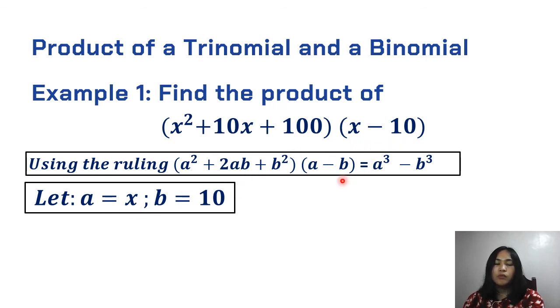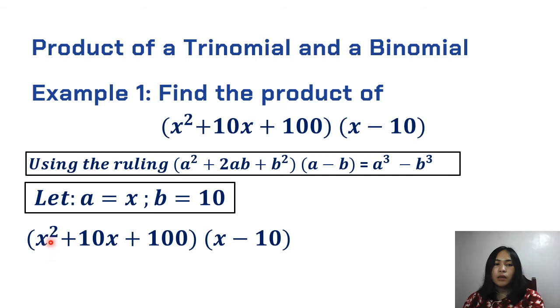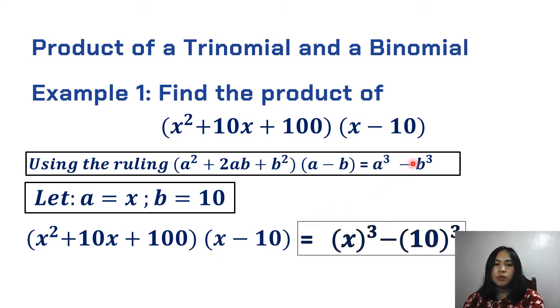Now, given that using this rule, since we have this given x squared plus 10x plus 100 multiplied by x minus 10. So, diba, this is the form. So, that's why yung A natin, x. Yung B natin, si 10.